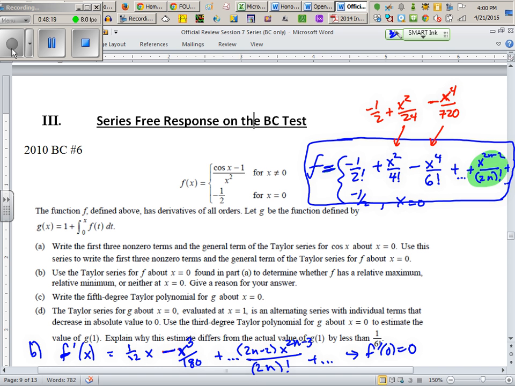Plugging in points on the left and on the right. That might be fairly challenging, don't you agree? What's another way we can test whether a horizontal tangent is a minimum or maximum? Why don't we take the derivative one more time?